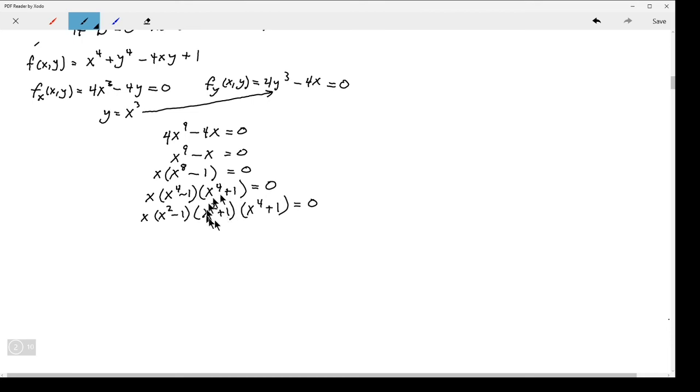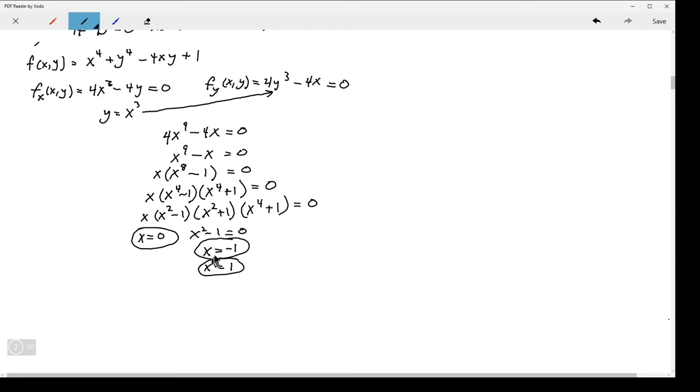Again, this is also not going to yield any zeros, but this will. Technically I could stop here. I'm going to have x equals 0, and x squared minus 1 equals 0, so x equals plus or minus 1. So x equals minus 1, and x equals plus 1.